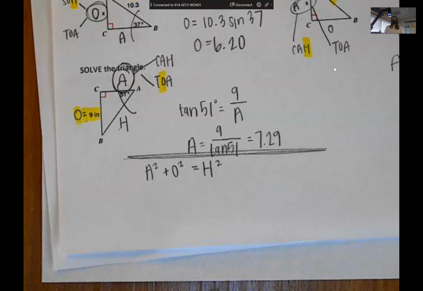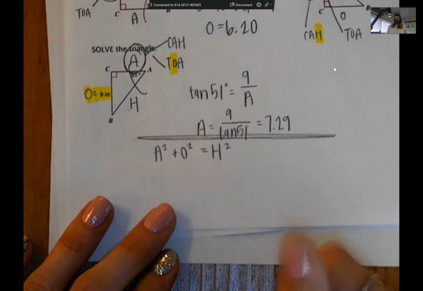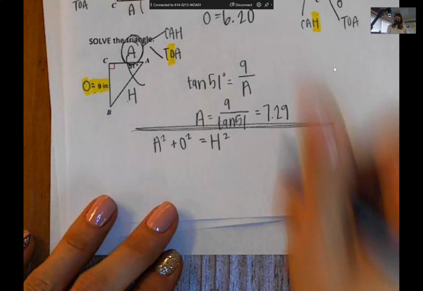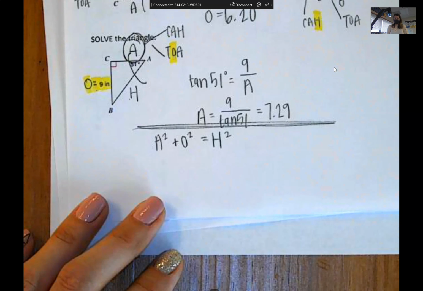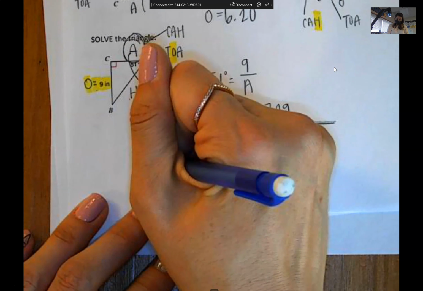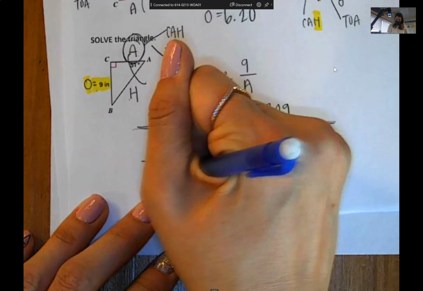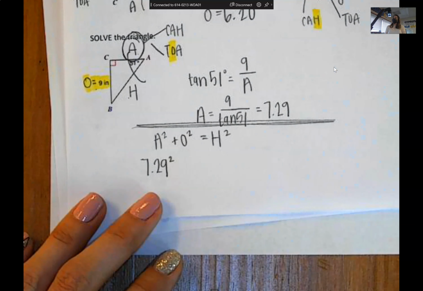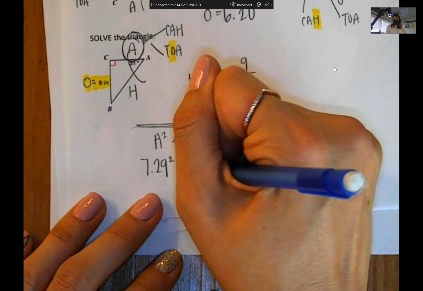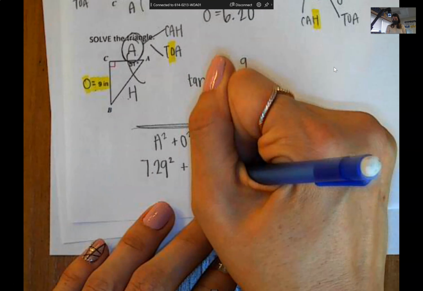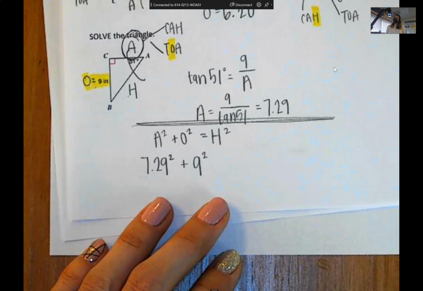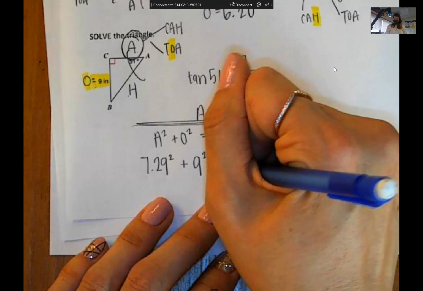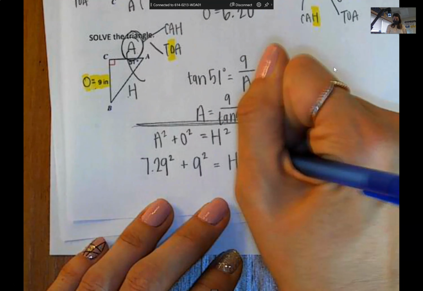I'm just going to use the Pythagorean theorem. Well, I just found A. So A squared would be 7.29 squared plus O squared, well, that's 9 squared, is going to equal H squared.